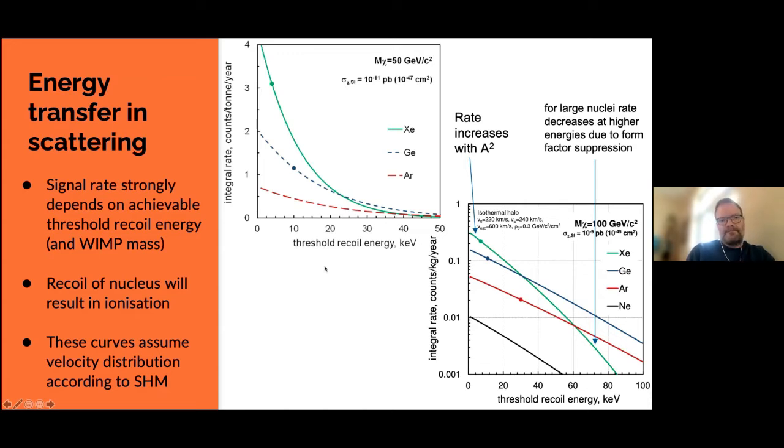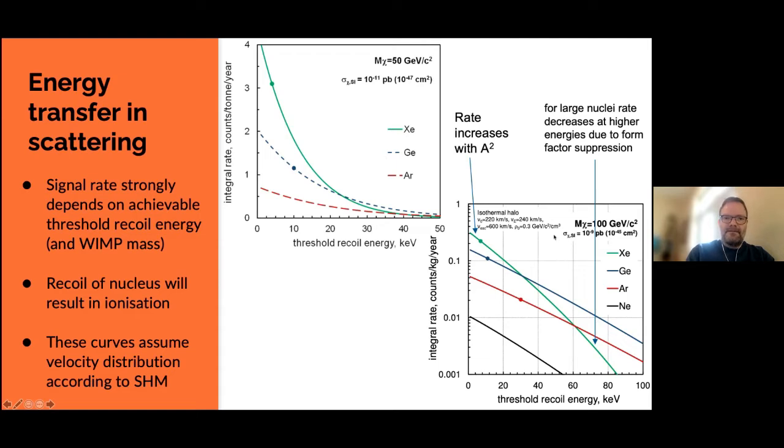So what you can see is that, first of all, this depends on your target, so what medium you use from which you are scattering. The examples shown here are xenon, germanium, and argon.